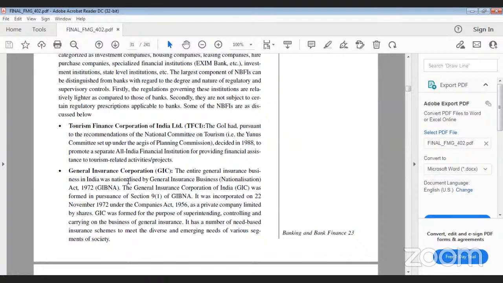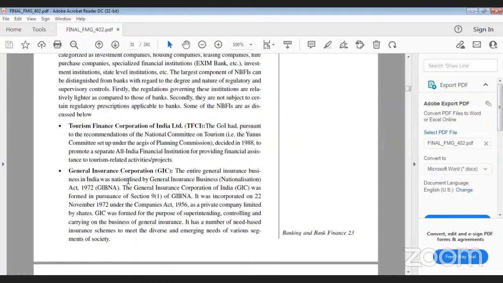The General Insurance Corporation of India was formed pursuant to the General Insurance Business Nationalisation Act. It was incorporated on 22nd November 1972 under the Companies Act 1956 as a private company limited by shares.